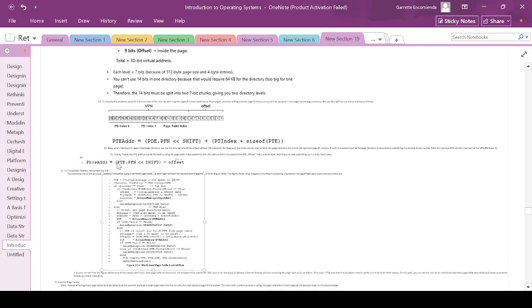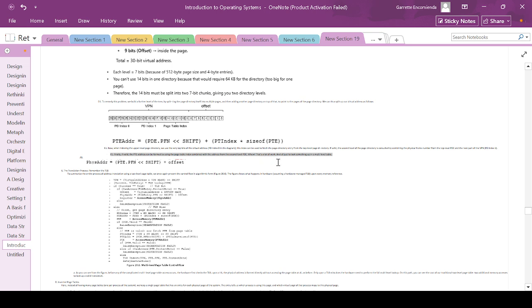Finally, if valid, the PTE address can be formed by using the page table index combined with the address from the second level PDE.